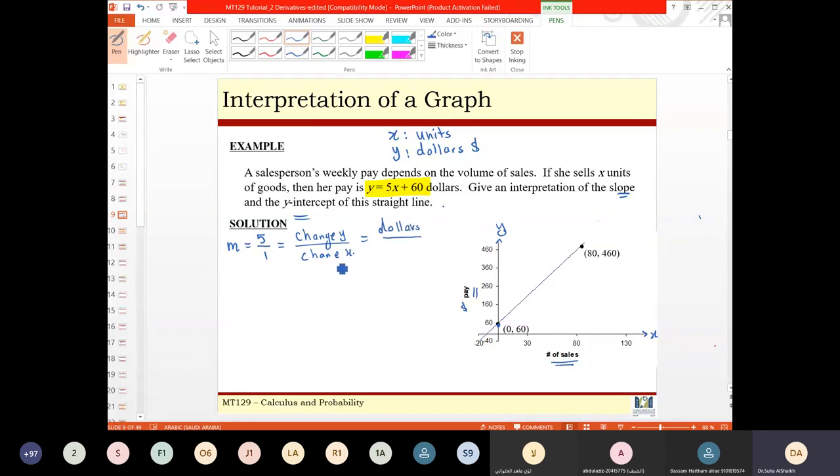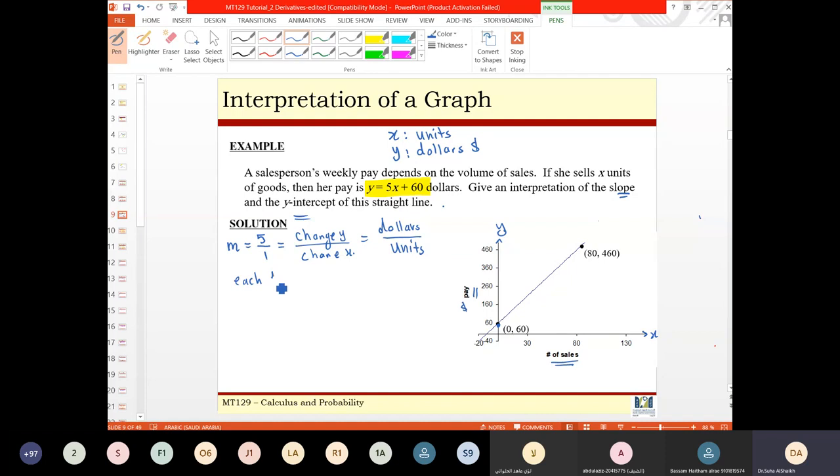Dollars. And what is x? Units. فايش معنى الكلام هذا؟ معناها كل 1 unit، نبدأها من الإكس لأن الإكس is the independent. For each 1 unit she's getting $5.